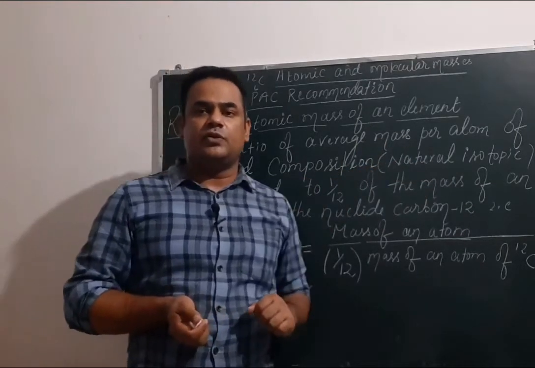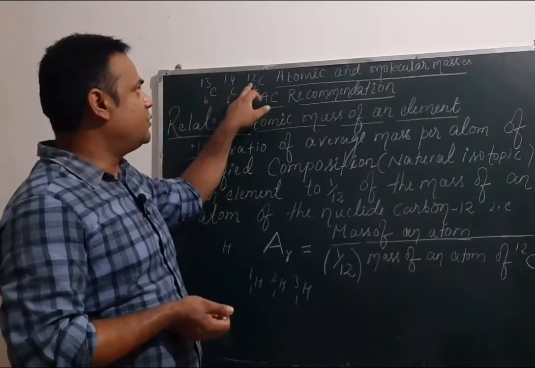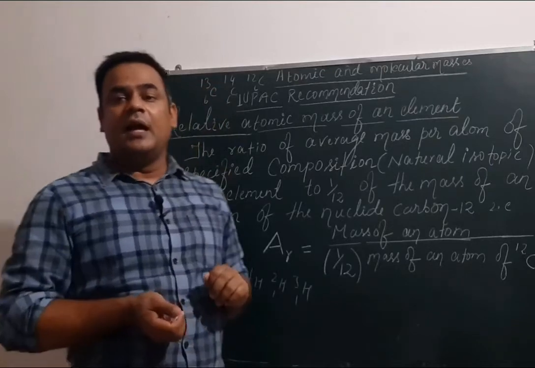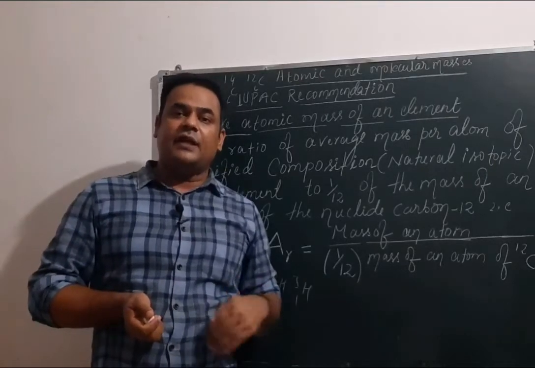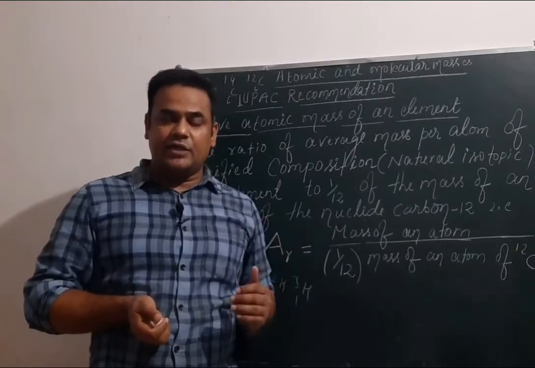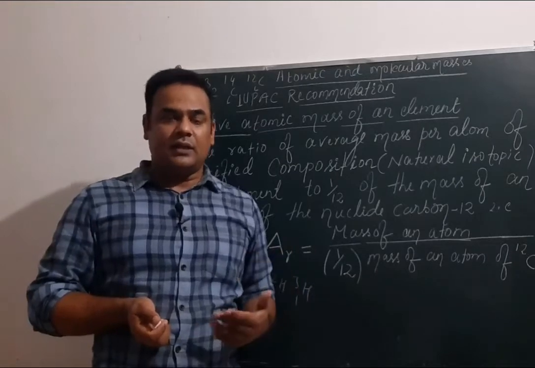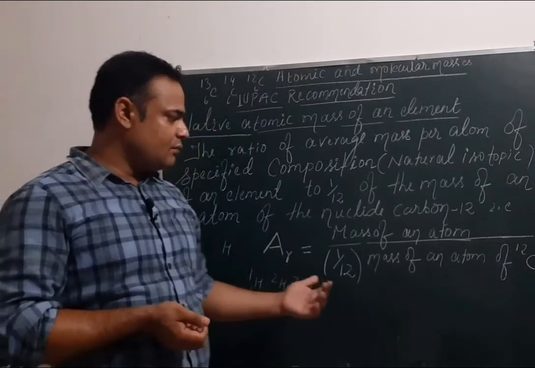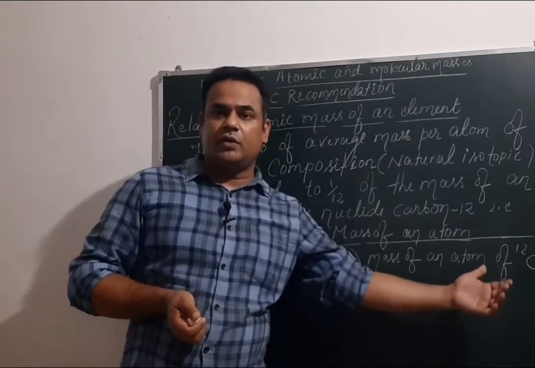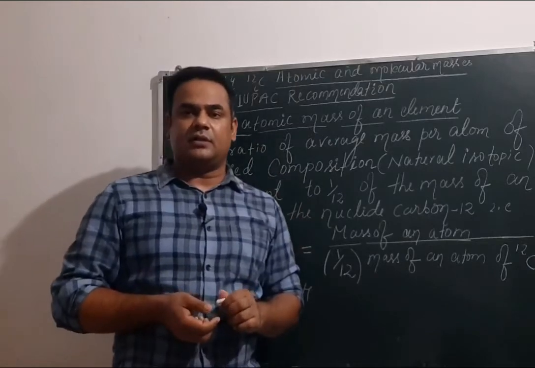Natural isotopic composition means you see what is the percentage of C12, C14 and C13, then you determine the average atomic mass of that element, and then distribute that average atomic mass per atom, and when this is divided by 1/12 of the mass of a carbon atom of C12, then that is known as the relative atomic mass of that element.